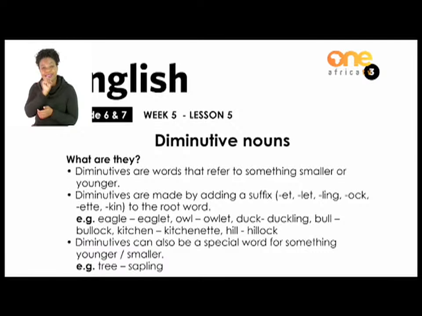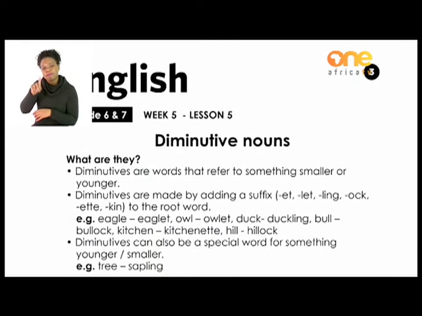Remember about young ones of different animals. And then we have also small things. For instance, a river, Okavango River, a small Okavango is called a rivulet. And then a young one of a dog is a puppy. And then we also have a young one of a cat is a kitten.